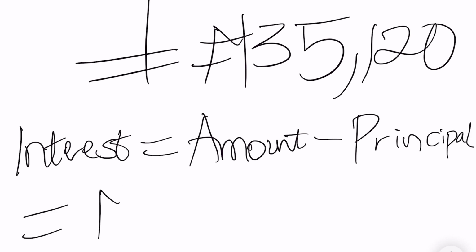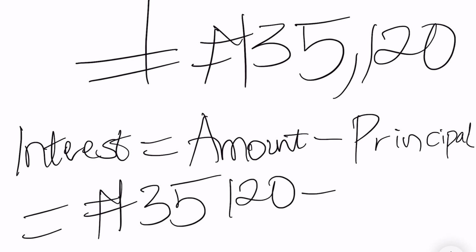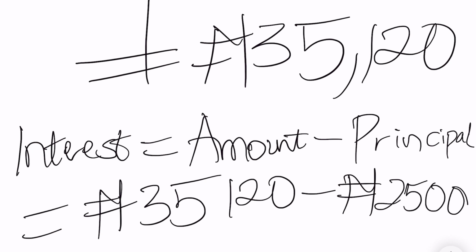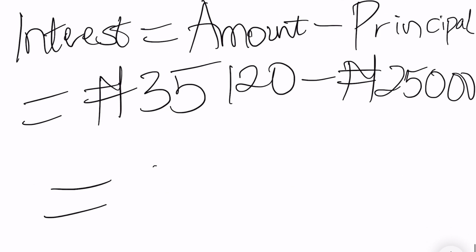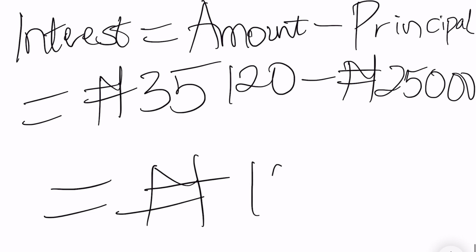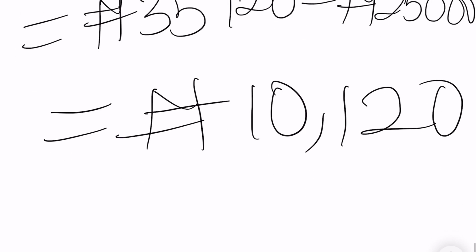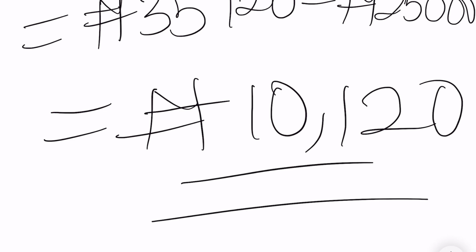So we have 35,120 minus 25,000, which is 10,120. So that is the interest paid on a fixed deposit of 25,000 naira.